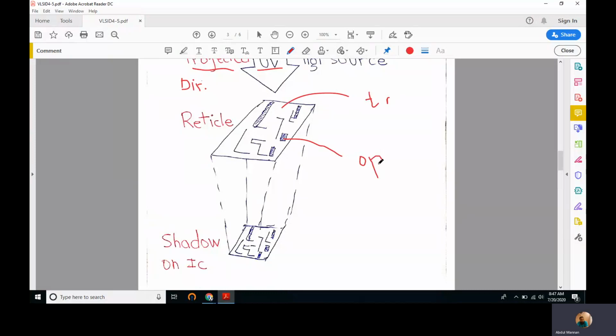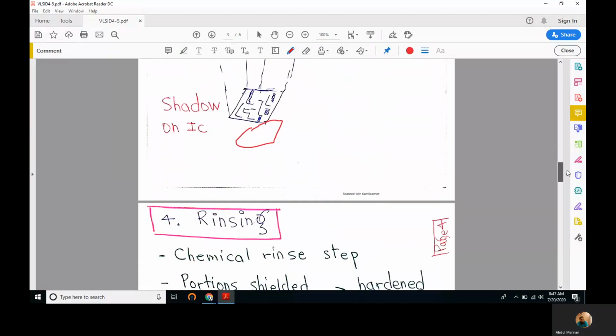So on the actual silicon chip beneath, there are portions which are exposed to UV light, those under the transparent parts, and portions under the opaque parts which are not exposed to UV light. That is the difference we want.